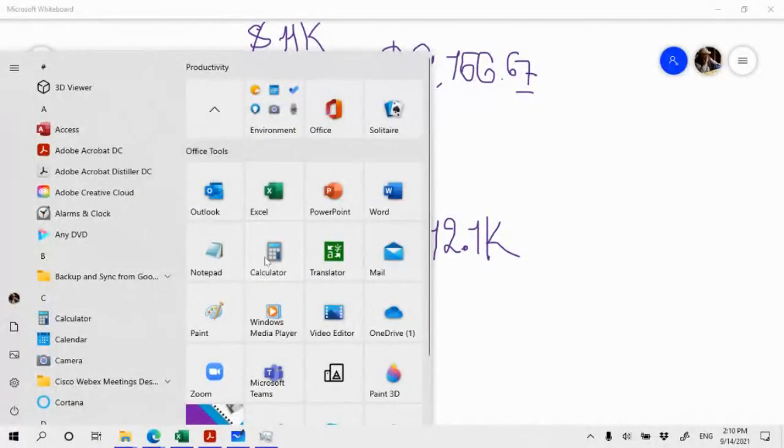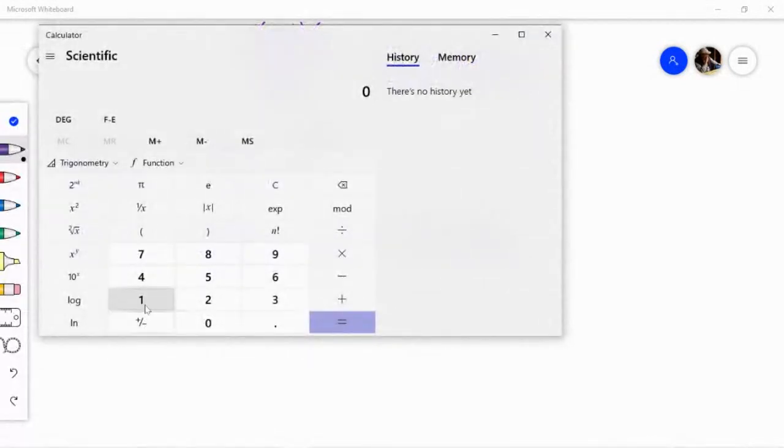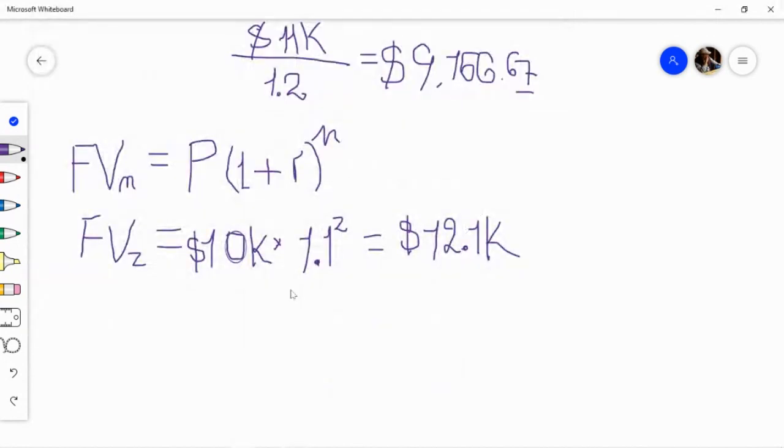On the other hand, let's just verify that using the calculator. 10,000 times 1.1 raised to, here you have x raised to y, and the symbol there is the caret, right? Raised to 2, 12,100, right?